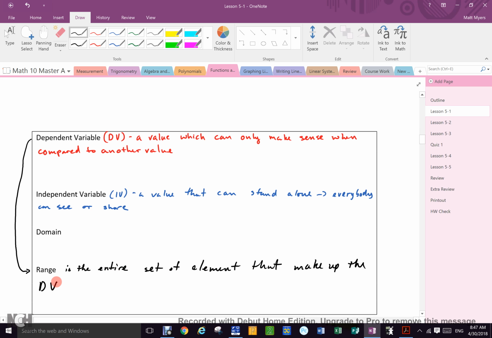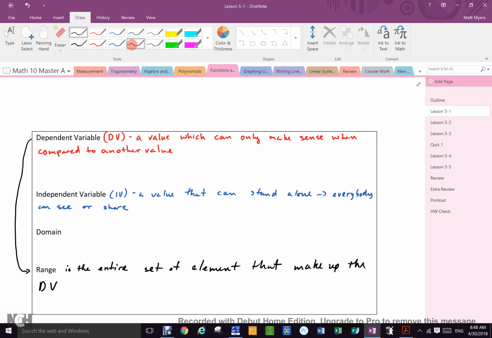So in that example I just gave, kids and length of jeans. Length of jeans is the dependent variable because what kid I say will define the length of their jeans. Everybody understand? So the range is all of those jean lengths. Everybody good?